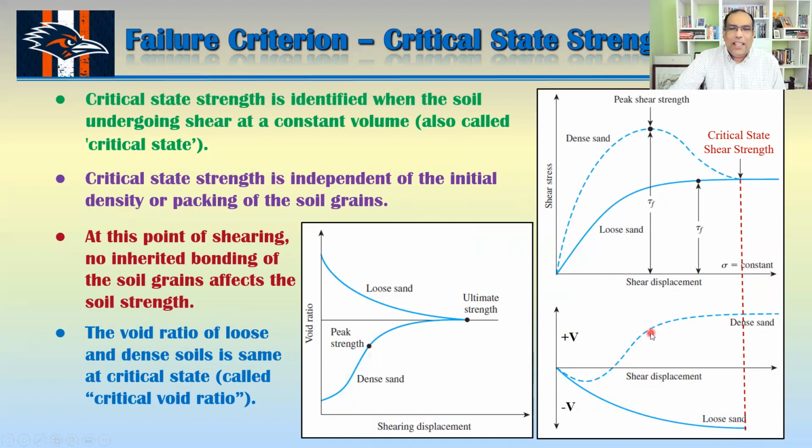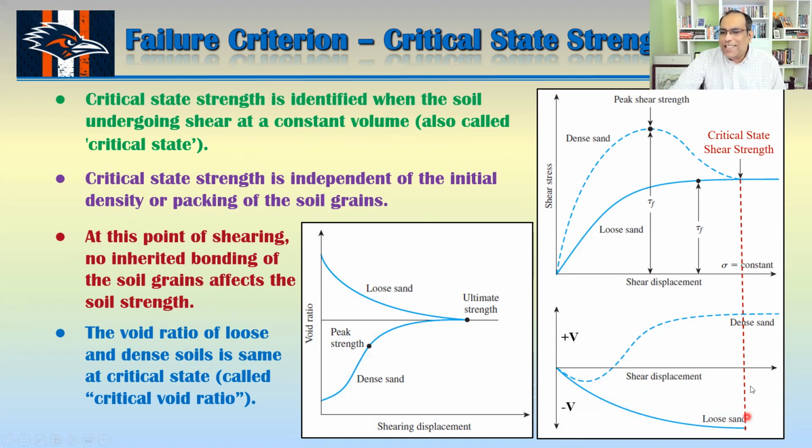Now you can see the critical state shear means when the volume is not changing anymore. You can see this is a straight line that changed from here to here and then here to here, but from here to here it didn't change. Similarly, for loose sand, you can see this one didn't change here anymore. This is kind of straight here.